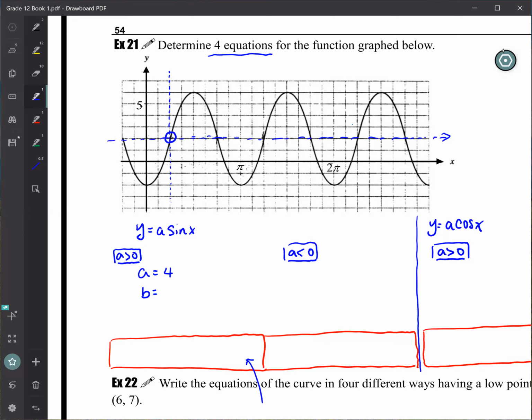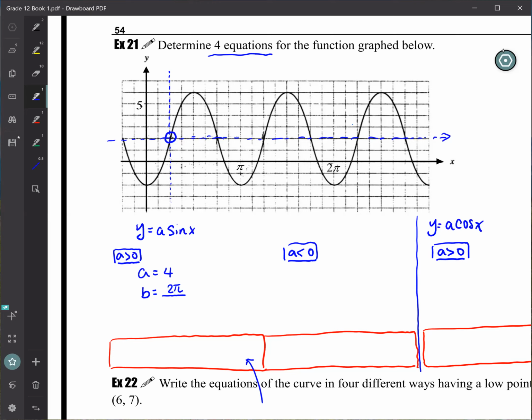2 pi. It was 2 pi over period. Yeah, so 2 pi over, how long is our period? Our period is 6. Wait, no, 7. Was it? Hold on.